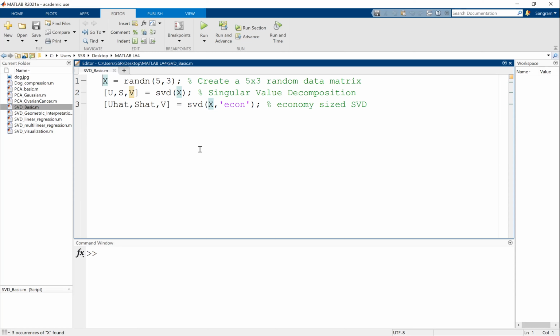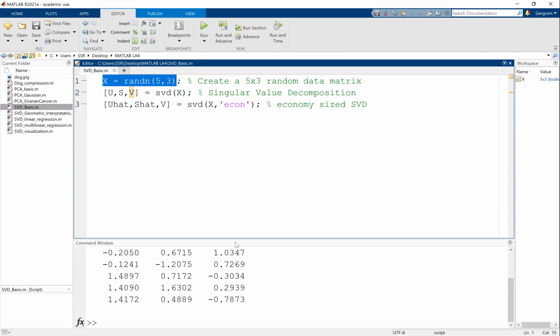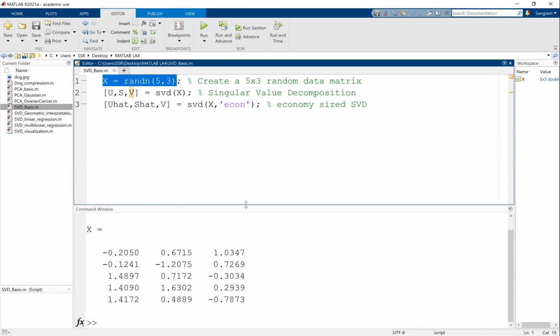So step one, create a random matrix. X is a random matrix. Can you see this matrix has 5 rows and 3 columns? Your random matrix may look different than my random matrix. That's why it's random.